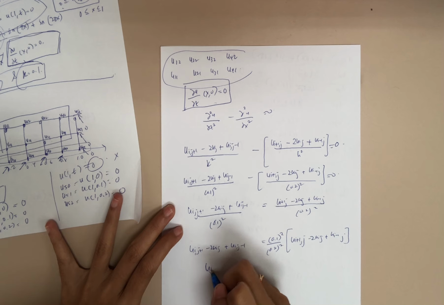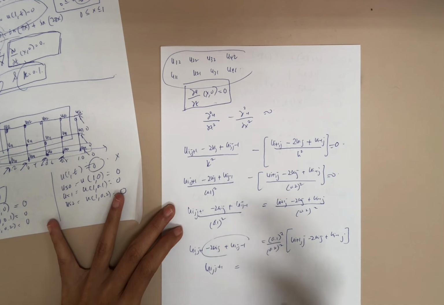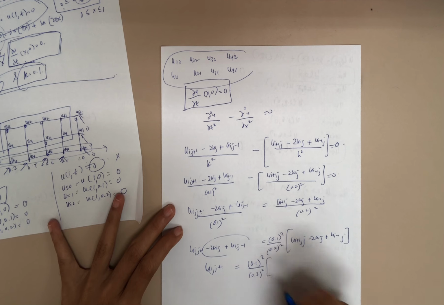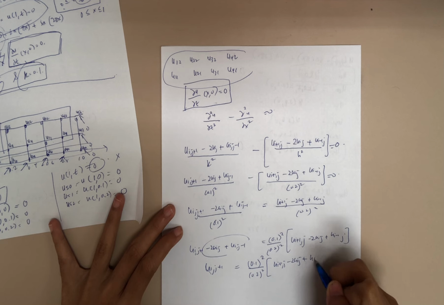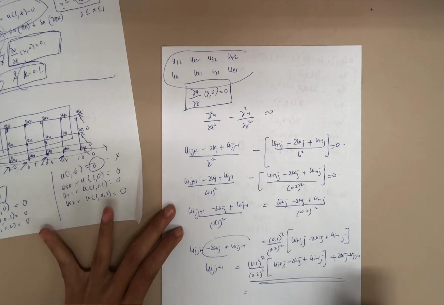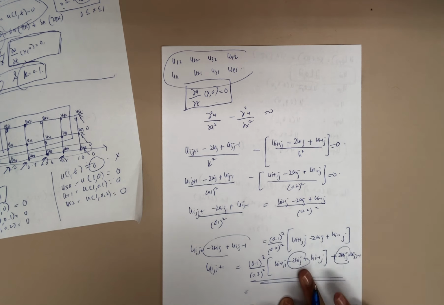So what you do is you bring all this to the right hand side. So it will be plus 2u_{i,j} and minus u_{i,j-1}. Then you open the bracket, because you have 2u_{i,j} here and also here, and the negative 2u_{i,j} has multiplication with these numbers.